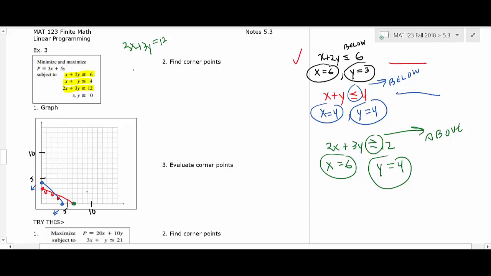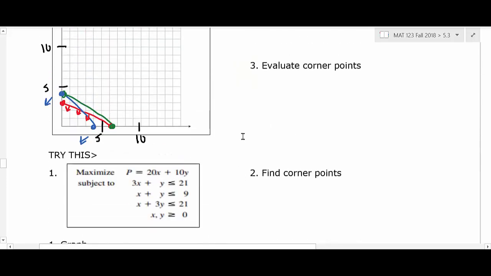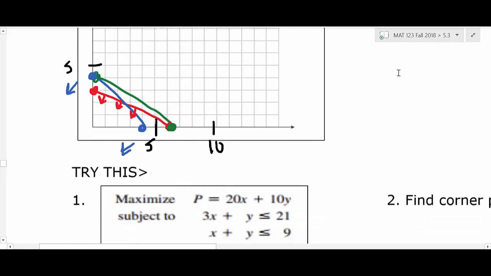I'm not seeing very good here. So I've got an x-intercept of 6 and a y-intercept of 4, like that. So this one goes like this. Now, I need to zoom in on this because it can be a little hard to determine where you are on these problems sometimes. Okay, so that's what I've got.